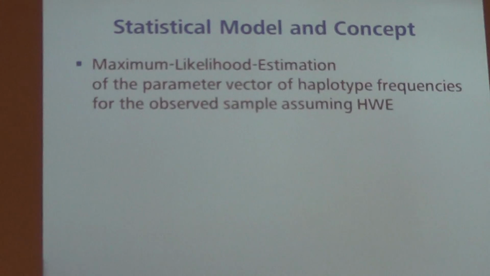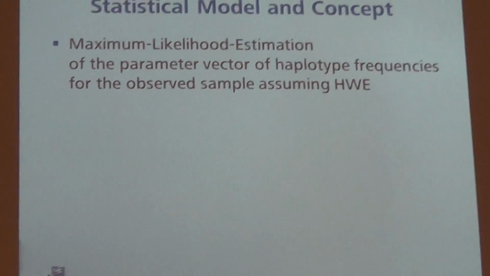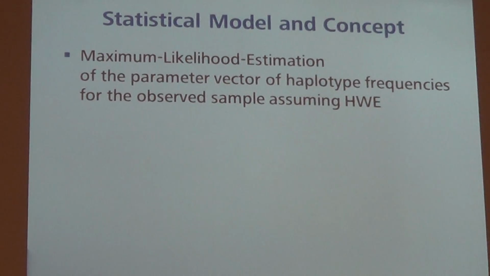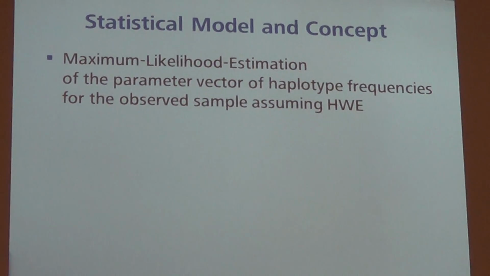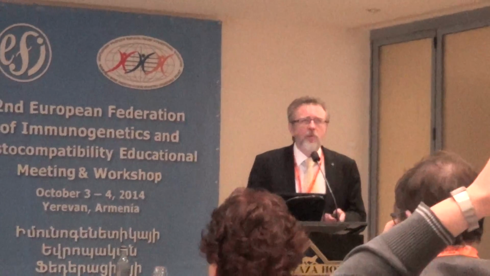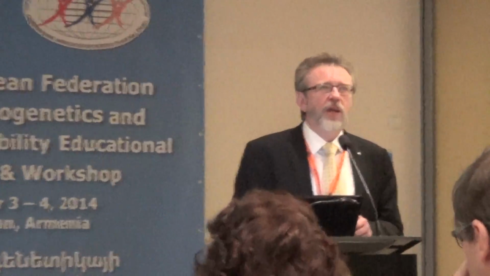However, they come into the problem that we are dealing with in the maximum likelihood estimation of HLA frequencies. You usually have HLA data which are phenotypes, and you don't know the haplotypes. And the frequency of the haplotypes is what is relevant for many things that you are doing in donor search and registry planning and so on.